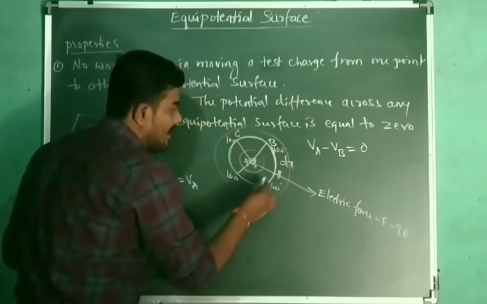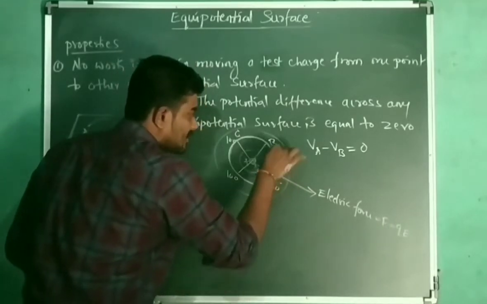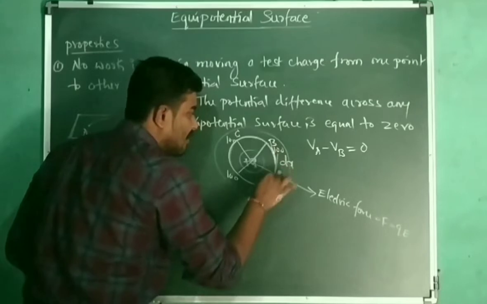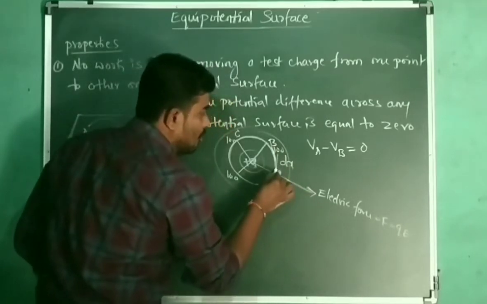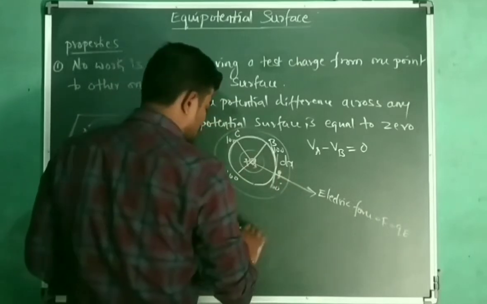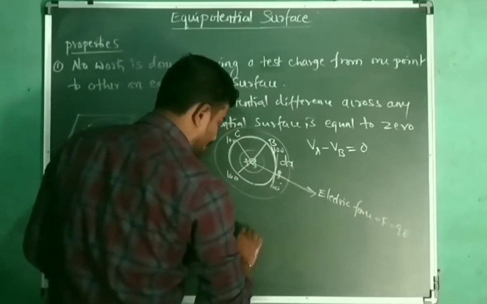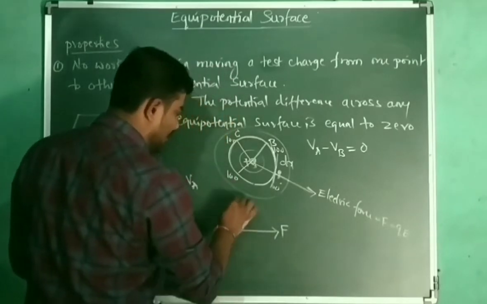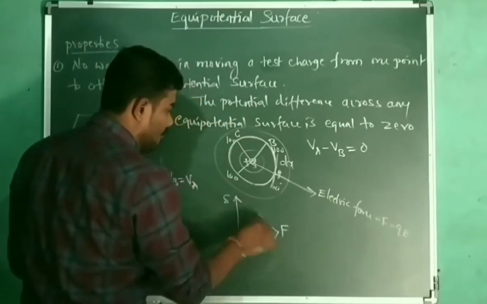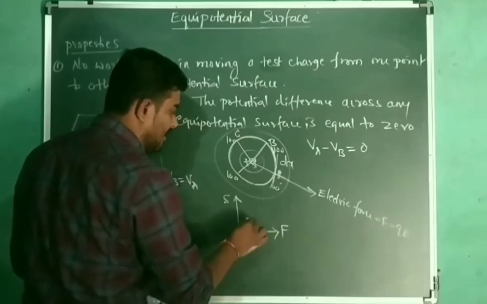The direction of displacement is tangent to the sphere, and the direction of electric force is perpendicular to this tangent. It means the force and displacement have an angle of 90 degrees.